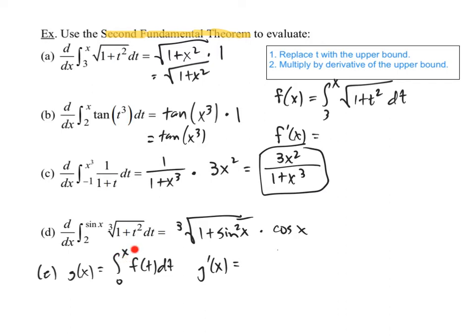So I would take this upper bound, which is x, and replace it where that t is. That would give me just f of x. And what I hope is that whenever you see an integral or a function of this form, you notice right off the bat that the derivative of that is just going to be f of x.